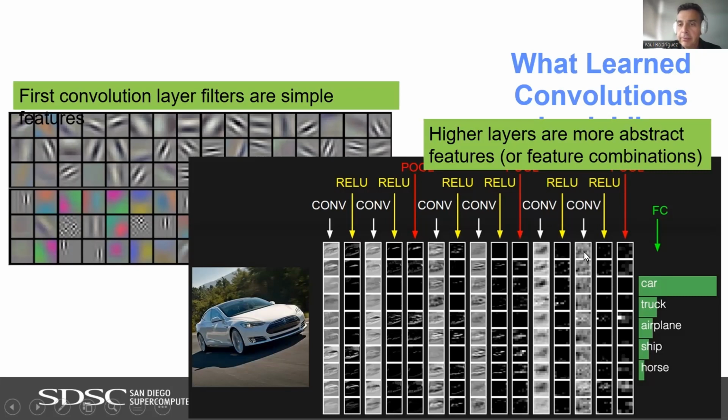If you look at the far right, these convolutions are smaller feature maps. The pixels are larger, and they should be representing, hopefully, some more abstract features or combinations of lower level features. They should be representing something more abstract that's related to the object that's going to be predicted.